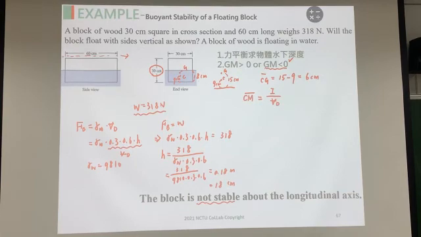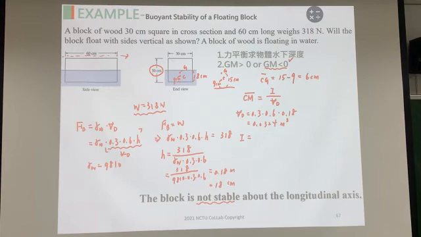Because we know the height is 18 centimeters, we can compute the displaced volume very quickly, just following the equation shown here. The displaced volume is 0.3 multiplied by 0.6 multiplied by 0.18. Use your calculators, and the displaced volume is equal to 0.0324 cubic meters.